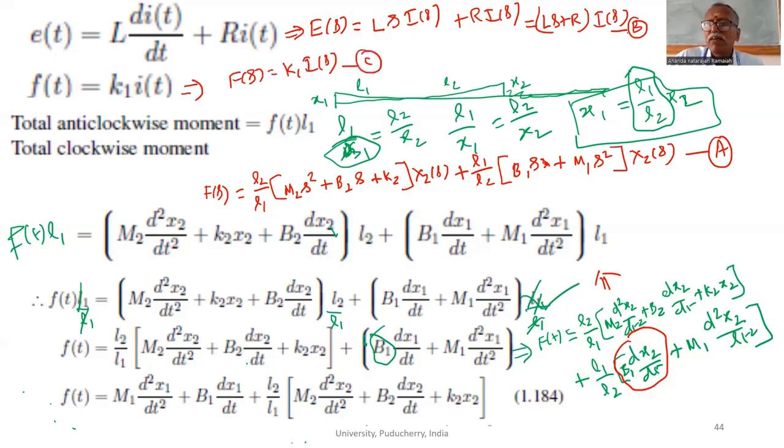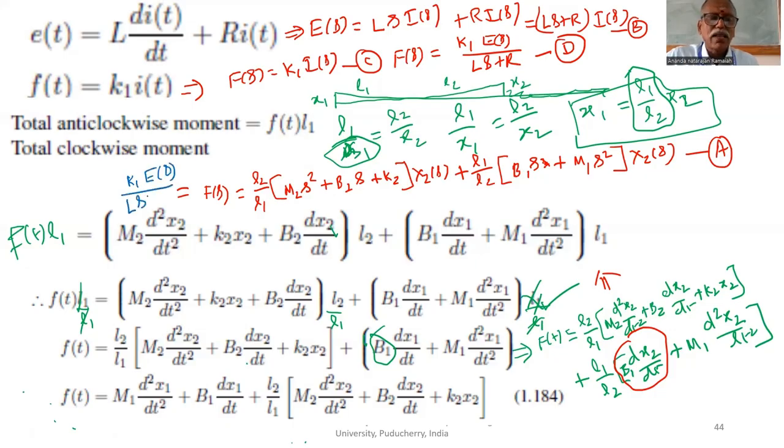From B, you can substitute I(s). I(s) from B equals what? E(s) upon Ls plus R. Therefore, F(s) equals K1 times I(s), which is E(s) upon Ls plus R. This is equation D. Substitute D in A. F(s) can be replaced by K1 E(s) upon Ls plus R.